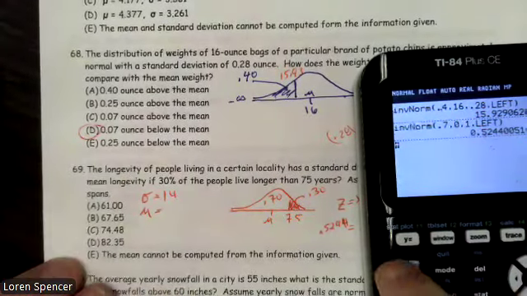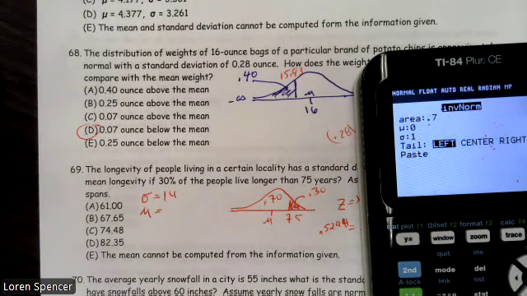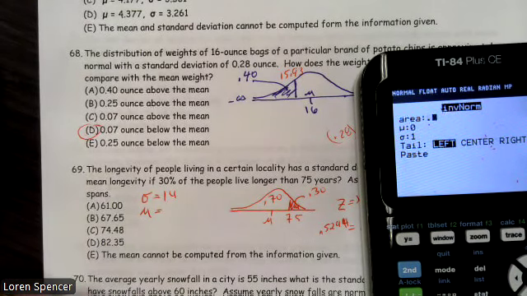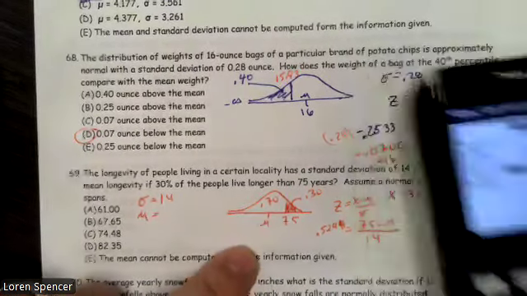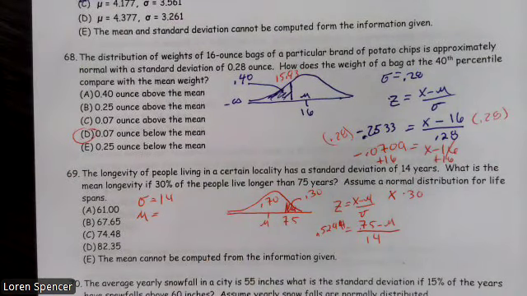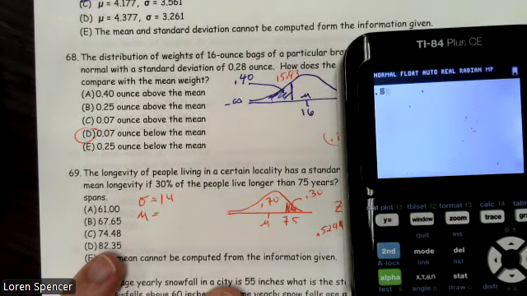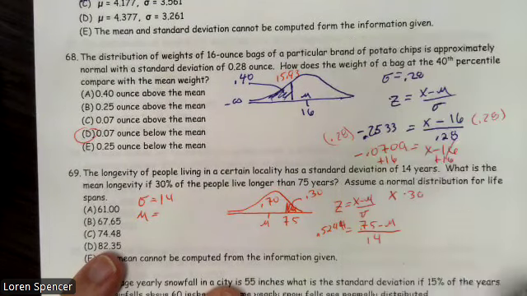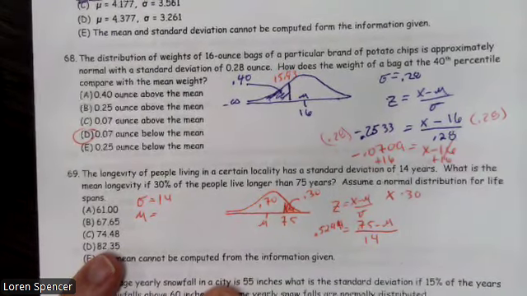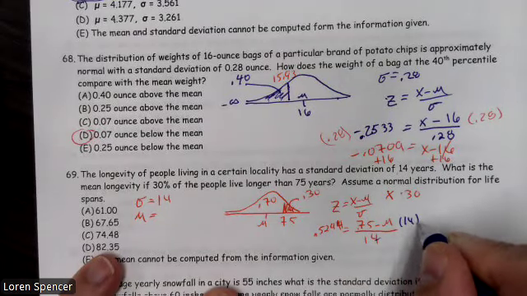So let's go ahead and run this thing. Second vars, inverse norm. Now we can plug in and do it by algebra. But we don't have the actual mean, so I don't have a choice. I have to do it this way. So I have to multiply this times 14. 0.5244 times 14 is 7.3146. I multiplied both sides by 14.